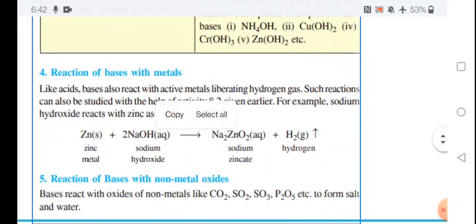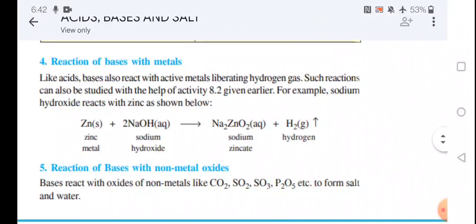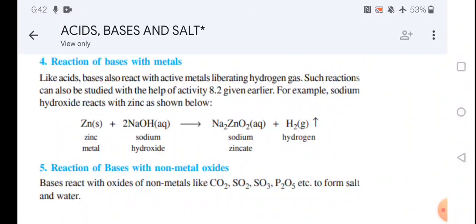Next, while studying the properties of acids, we learned that when acids react with metals, they give salt and hydrogen. In the same way, when bases react with metals, they also give salt and hydrogen. Like acids, bases also react with reactive metals, liberating hydrogen gas.